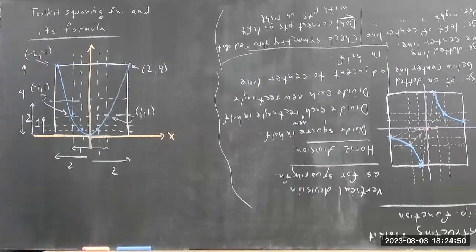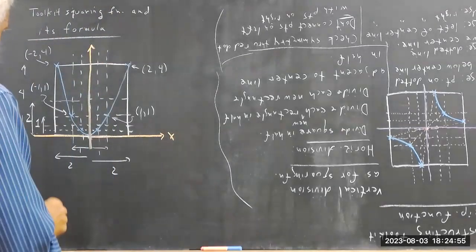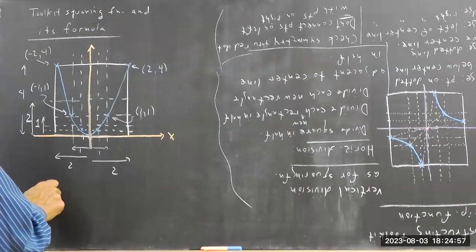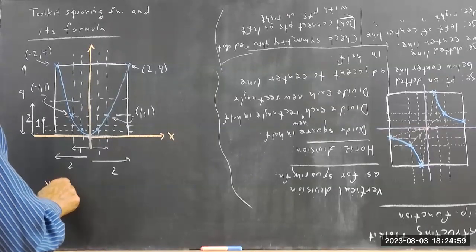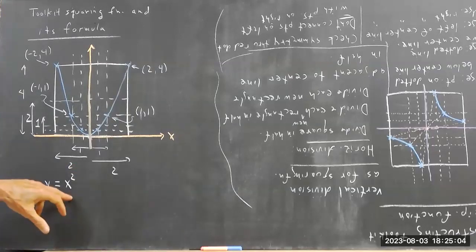Okay. Now, I'm going to give you the formula for this graph. It's y equals x squared.